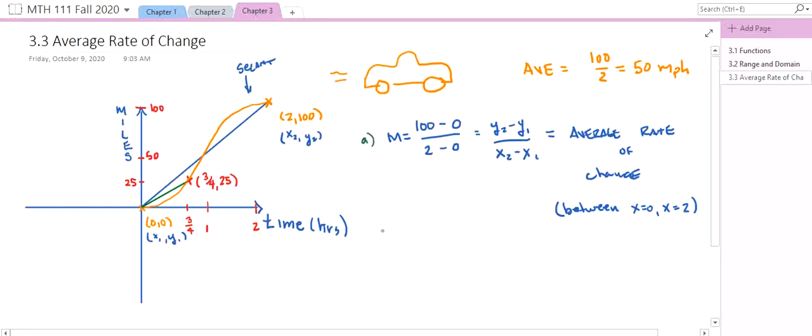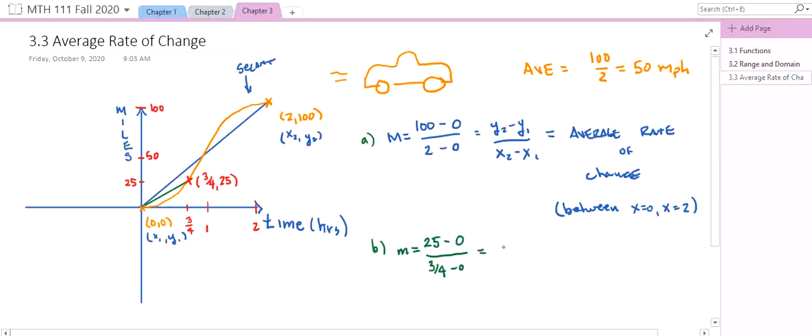So let's check it out. So this was case A. So in case B, m equals, so y2 is 25 minus y1 is again 0 over x2 is 3/4 minus 0.